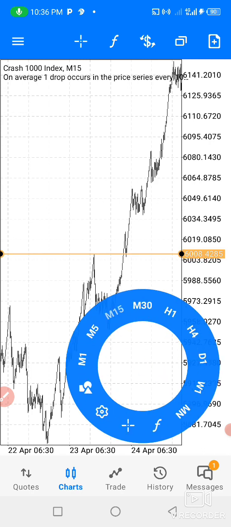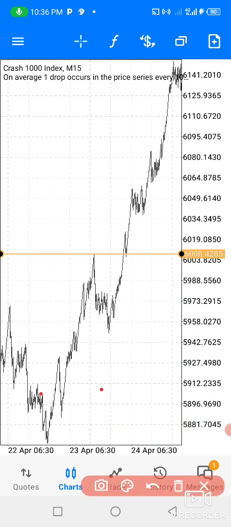You notice that this is a kind of N pattern that has a wick around here, and then the highest wick is broken. So this is the structure we are talking about.